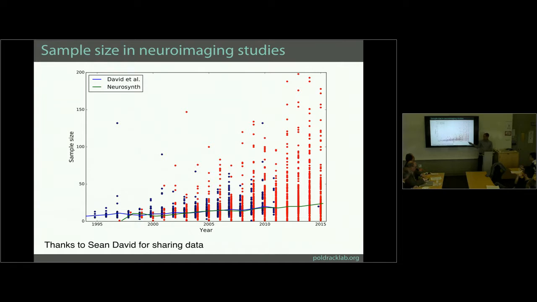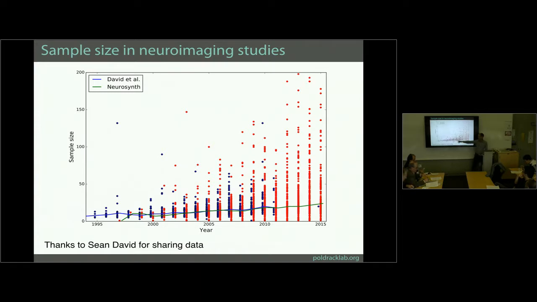So the blue spots and the blue line are data from his meta-analysis, which is about 800 studies, which only goes up through 2010. In parallel, we took data from the Neurosynth database, which is a very large database, and we were able to estimate the sample size automatically from the abstract for about 3,000 papers.